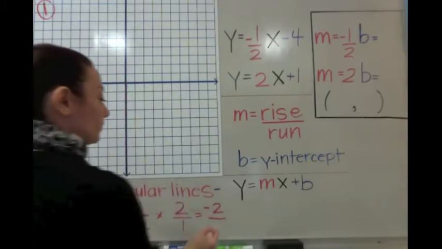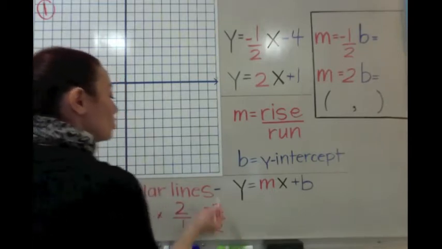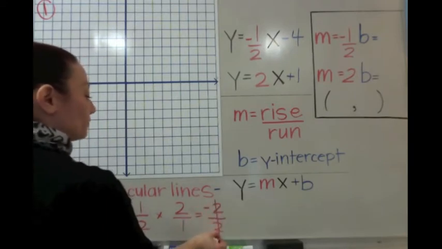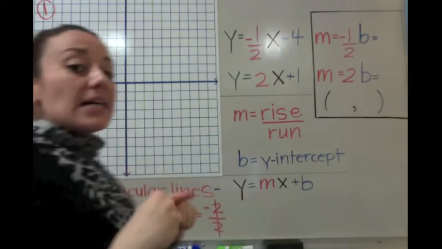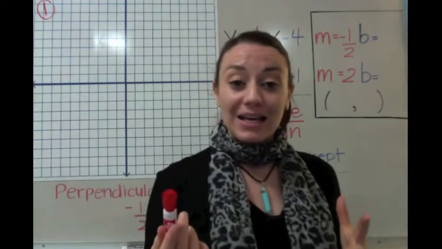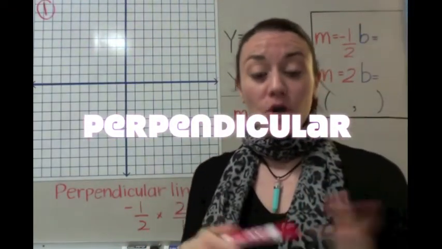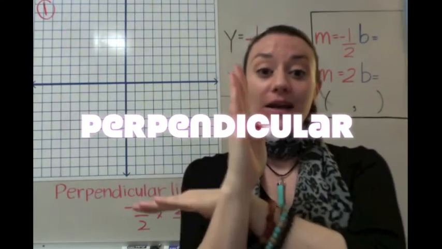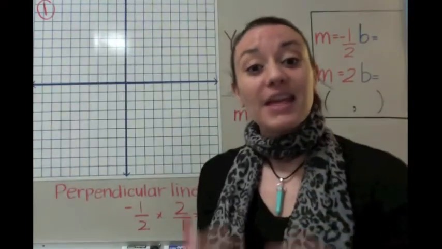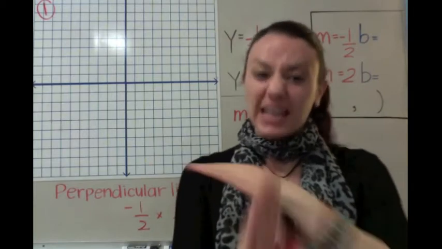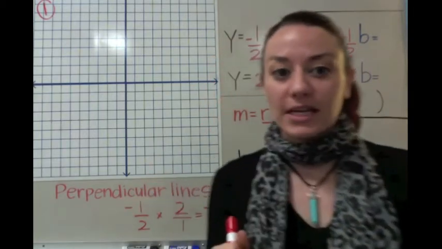What's 2 times 1? It's 2. So I end up with negative 1. This is going to create a special type of lines which are called perpendicular. Called what? Perpendicular. Which means they're going to intersect at a point that is 90 degrees. So it looks like a T. That intersection looks like a T.